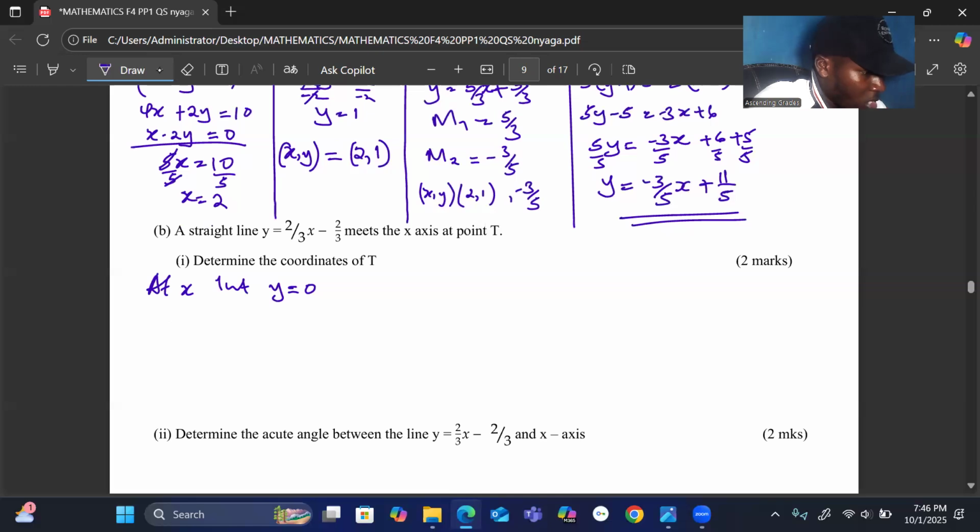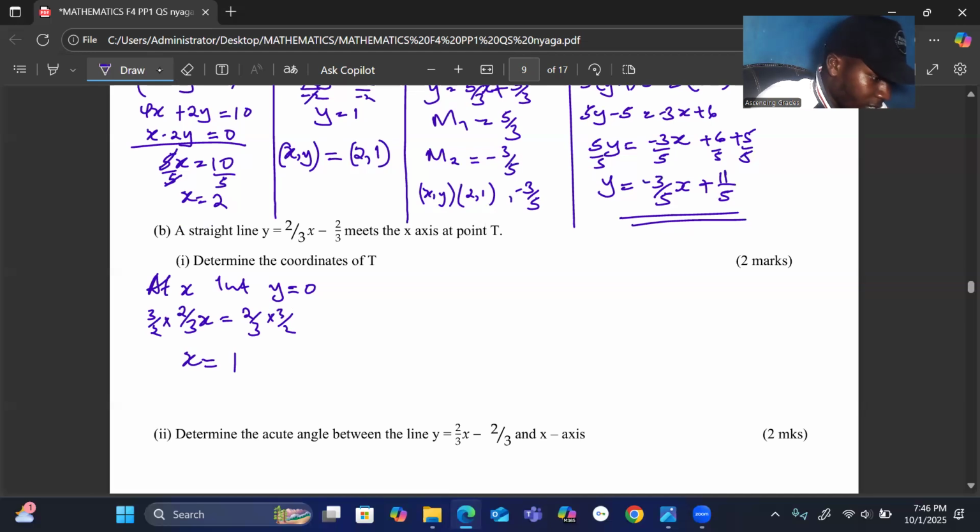So when y is 0, we shall have 2 over 3 x equals 2 over 3. So we multiply by the reciprocal, 3 over 2 times 3 over 2. So they cancel out and x becomes 1.